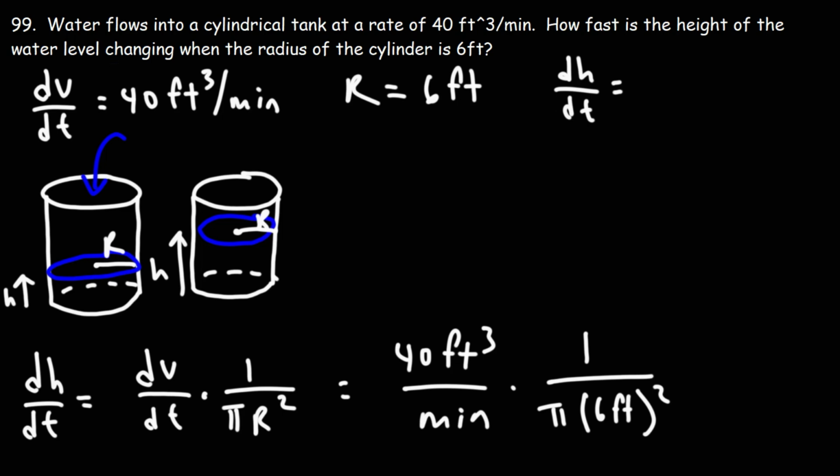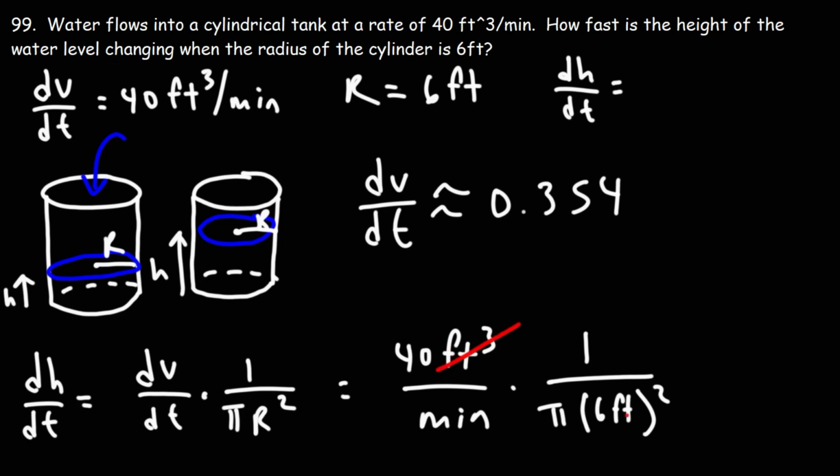If you divide that by pi, we get that dh/dt is approximately, this is a rounded answer, 0.354, and when we divide cubic feet by square feet, here you have feet times feet times feet, and here you only have feet times feet.